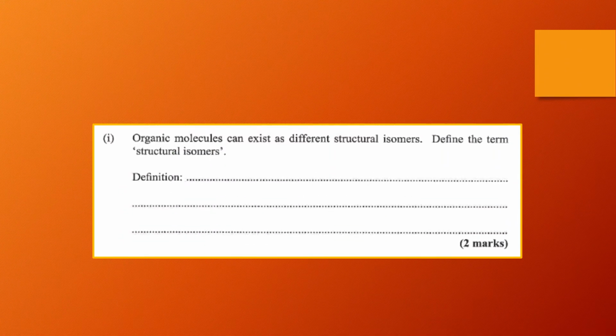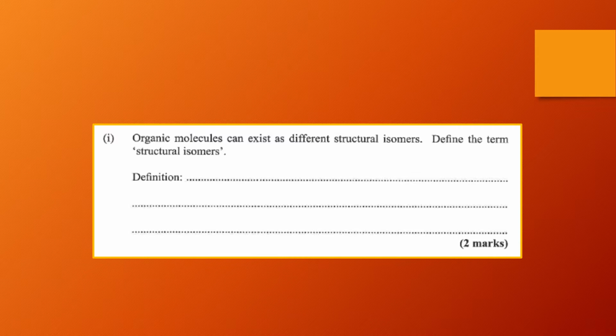This is the question that we're looking at. We're told that organic molecules can exist as different structural isomers, and we're asked to define the term structural isomers. So in organic chemistry, molecules normally have a molecular formula, which tells us exactly how many atoms of each element are present in that molecule.